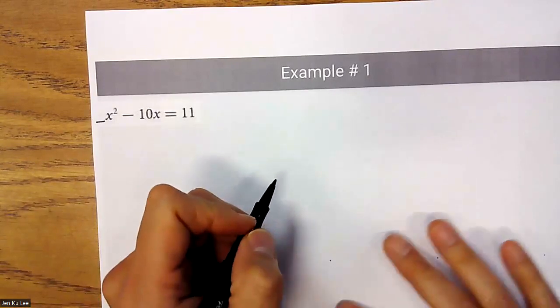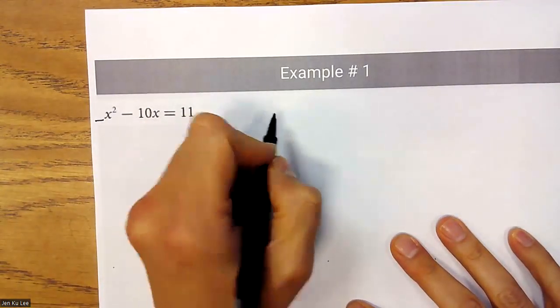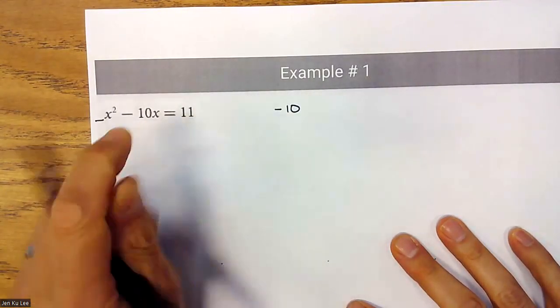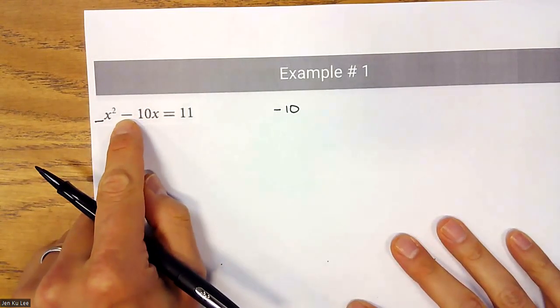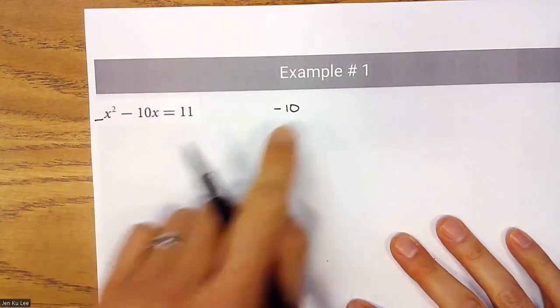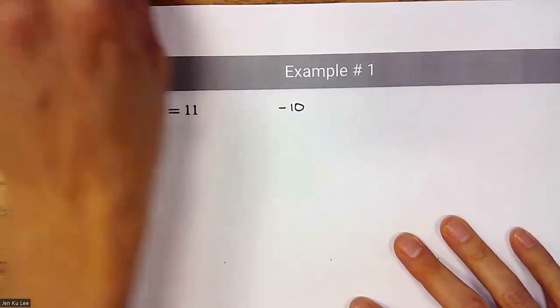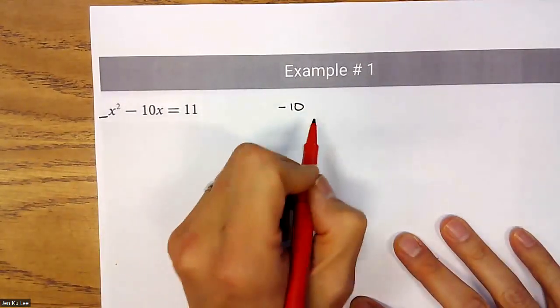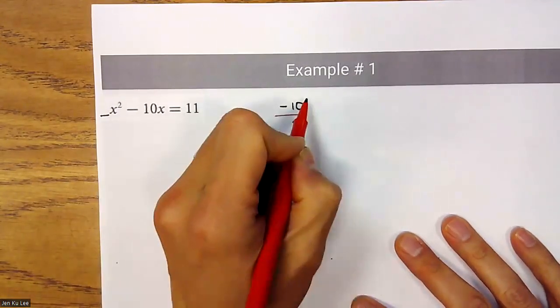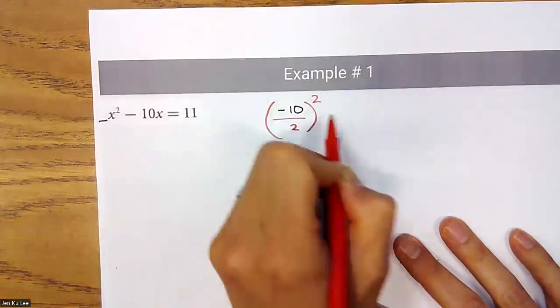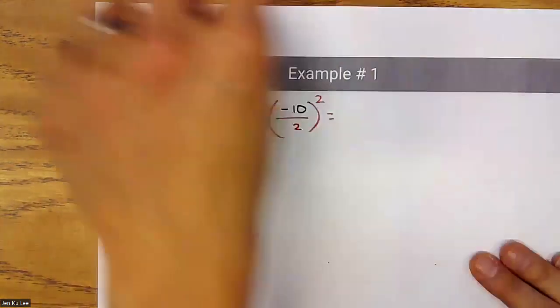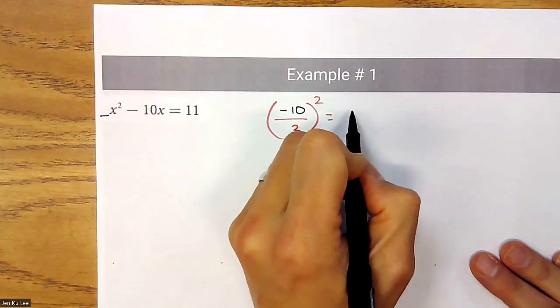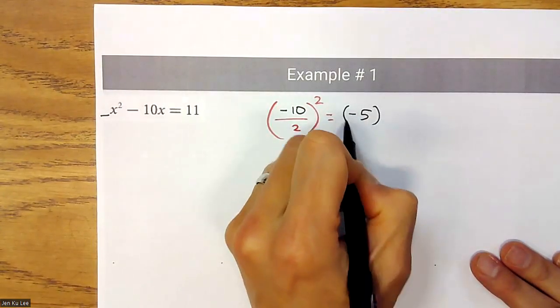And I'm going to get the coefficient of x, which is -10. Take that negative with it. Okay? So we got -10. And we're going to play bop it with it, half it, square it, right? So -10 divided by 2 is -5.